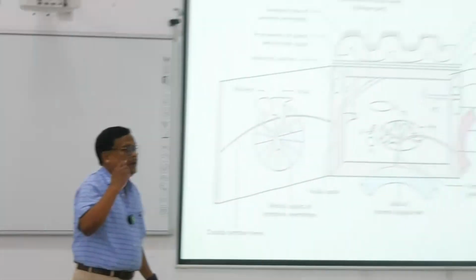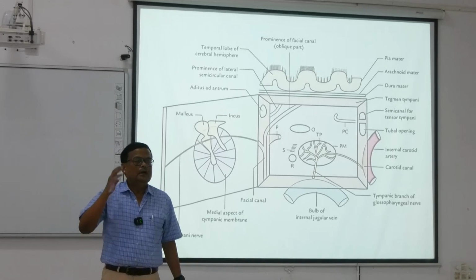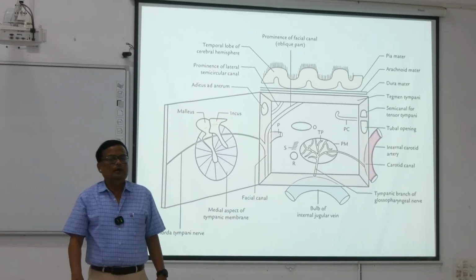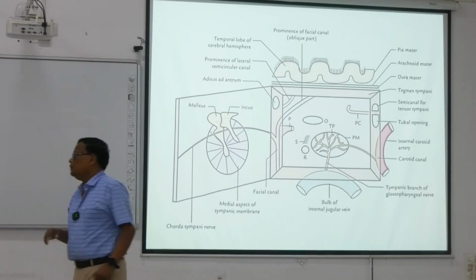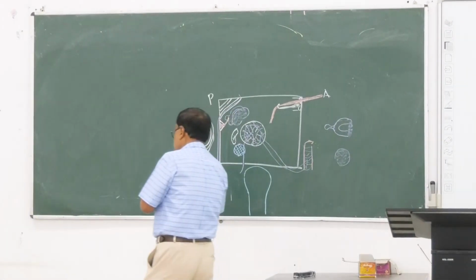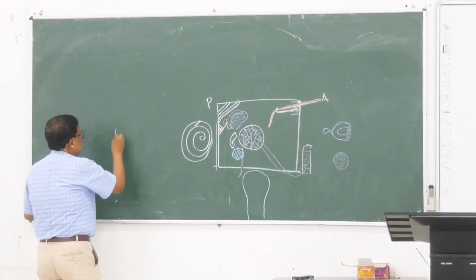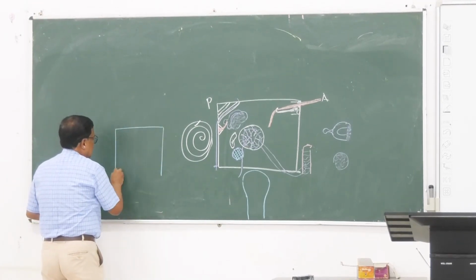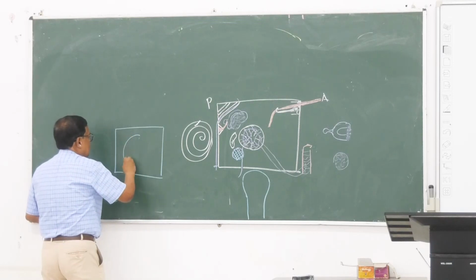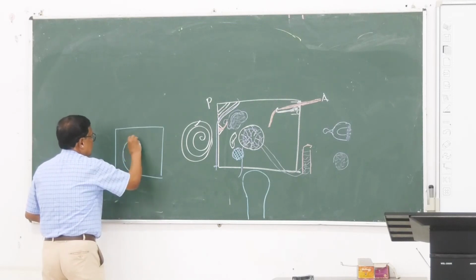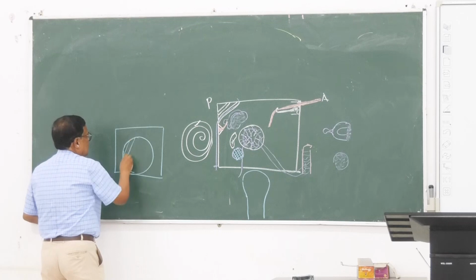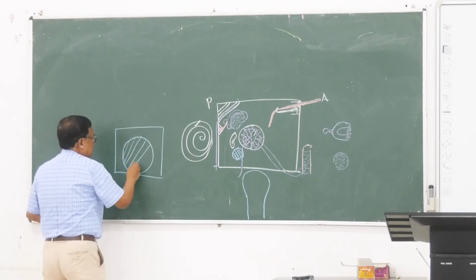Next, features of the medial wall. The most important part of the features is the lateral wall, which is the tympanic membrane. The lateral wall is mainly occupied by a membrane, which is called the tympanic membrane.